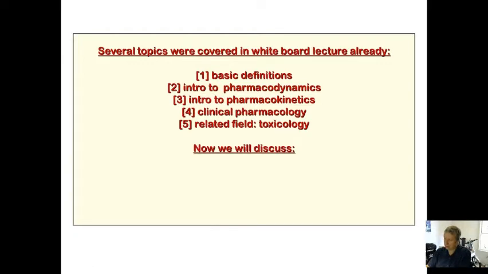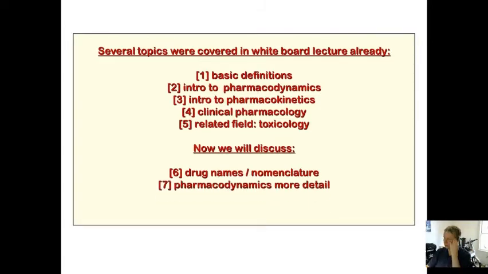So what are we going to do next? I'll try to get through today, and I don't know if we'll get through everything. A little bit more on drug names and nomenclature. We started that, and I think we were finishing it up in the last whiteboard lecture. Then a little more detail on pharmacodynamics, how drugs interact with a biological organism.